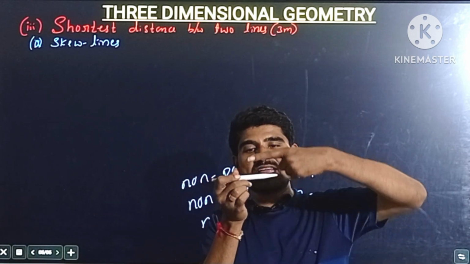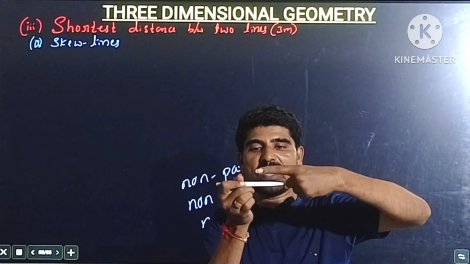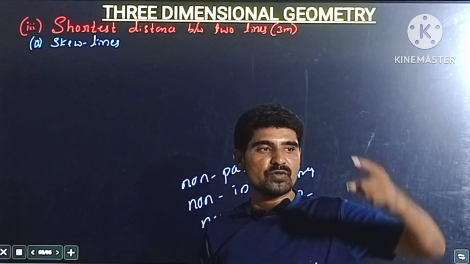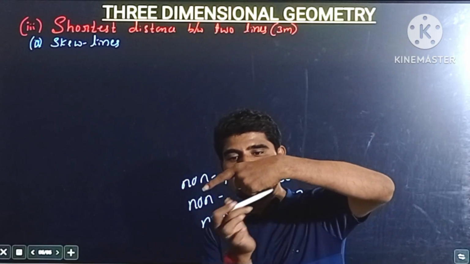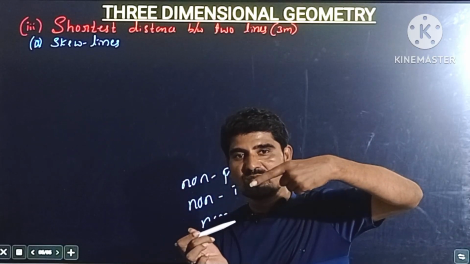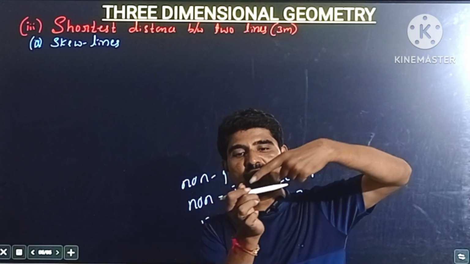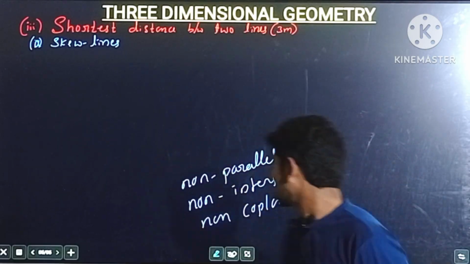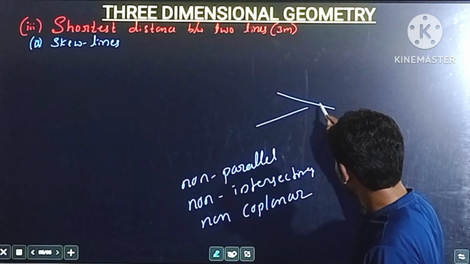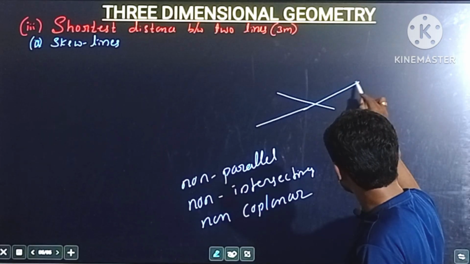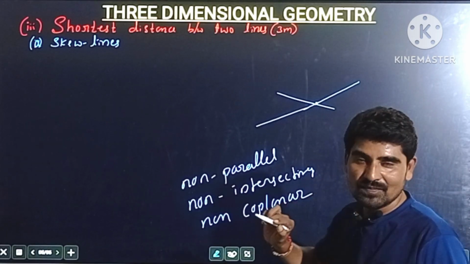If these two are like this, definitely these two lines are parallel. And suppose this line moves in this direction and this line moves in this direction, so a line can extend in both directions. Definitely these two lines intersect at a certain point. If I extend this line in this direction, definitely these two lines are intersecting.